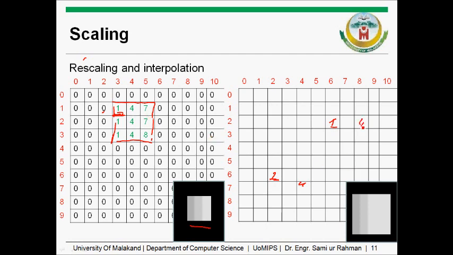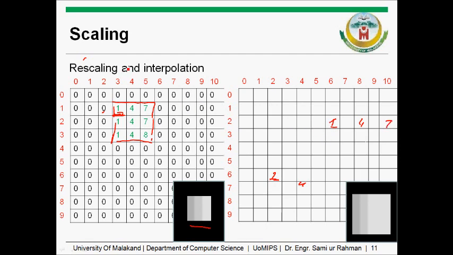Here the value will be 1. Then it is 1 and 5, so 2 and 10, and the original value is 7.